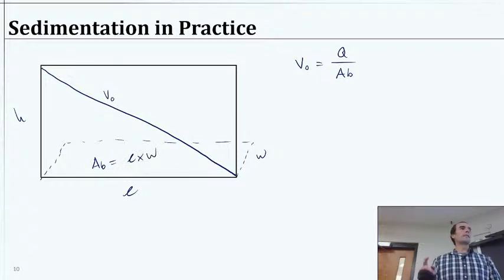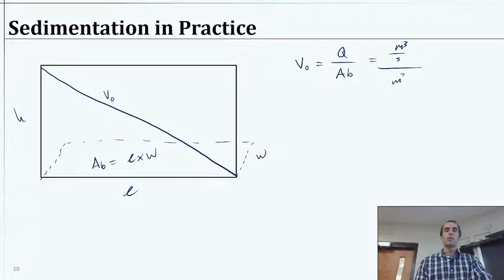And the reason we can say this is because we've defined V naught as the exact amount of time to travel from the height to the bottom in the amount of time it spends in this reactor. And so that means if we take the flow rate, which is, let's say, cubic meters per second, and divide that by square meters, that yields us with meters per second.